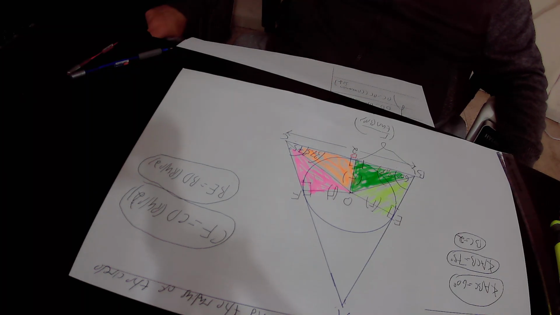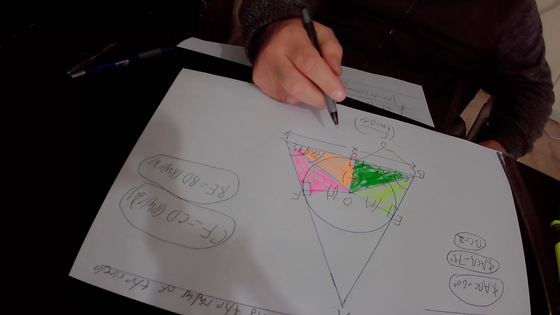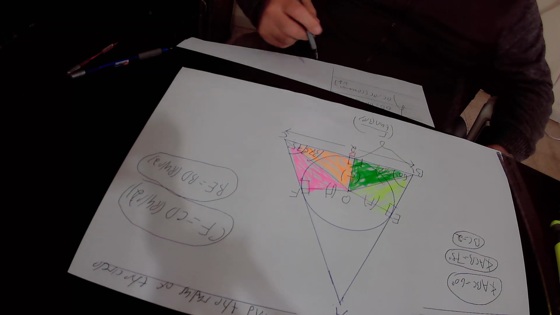In the next step, I will copy the right orange triangle ODC onto a new page and analyze it.